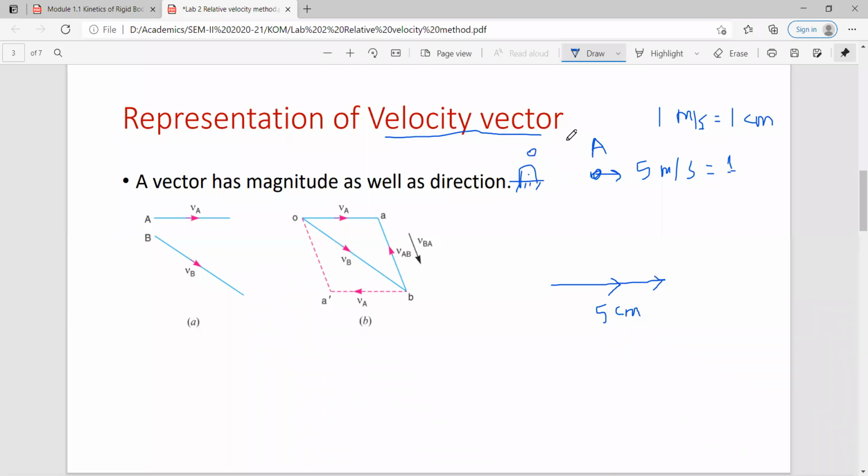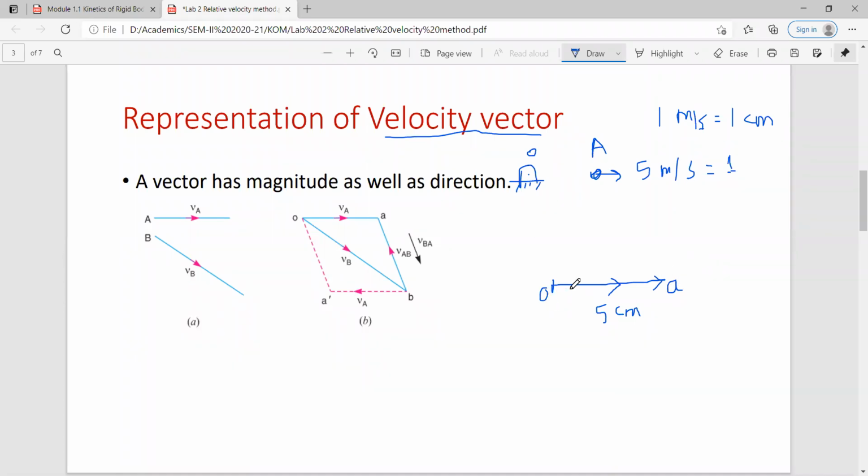So I am measuring the velocity of point A with respect to point O, which is a fixed point. The point with respect to which you are measuring the velocity is written first. That is, the starting point of the vector is point O and the end point of the vector is point A.